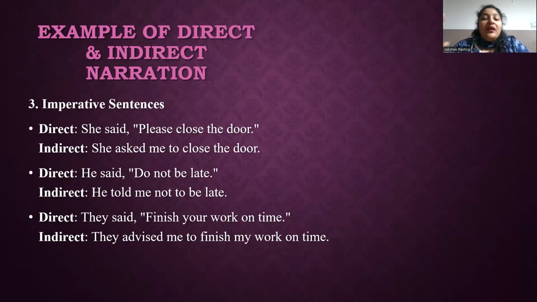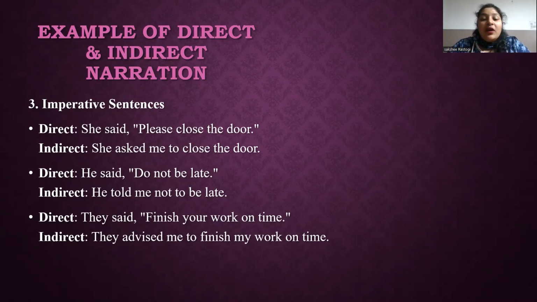Here are some examples of imperative sentences used in direct and indirect narration. For direct narration: "Go to your room," she exclaimed. So they are giving a command. "Please pass the salt," he requested. So he is requesting. "Follow the instructions carefully," the teacher instructed. It means instructions. "Don't forget to call me," she reminded. It is advice.